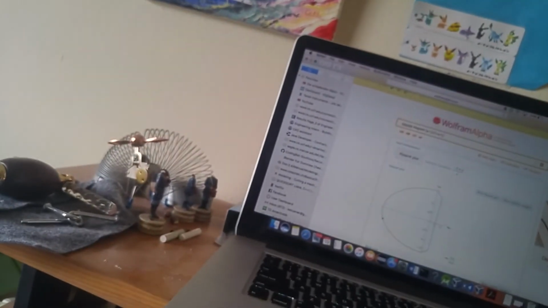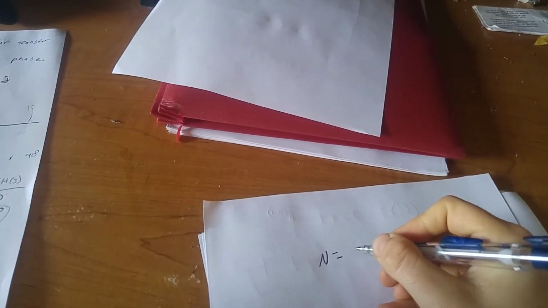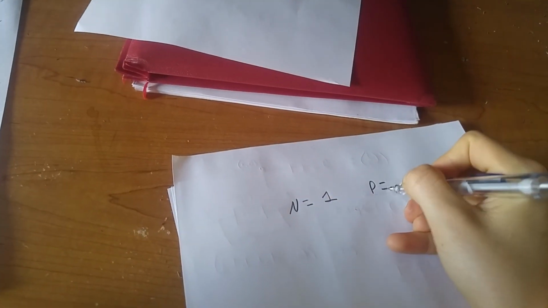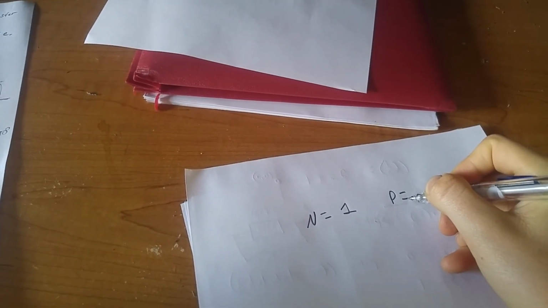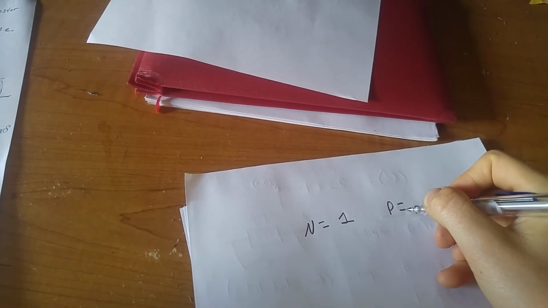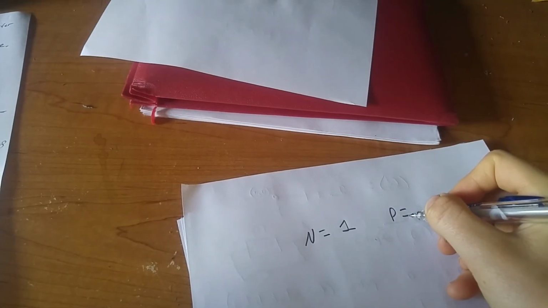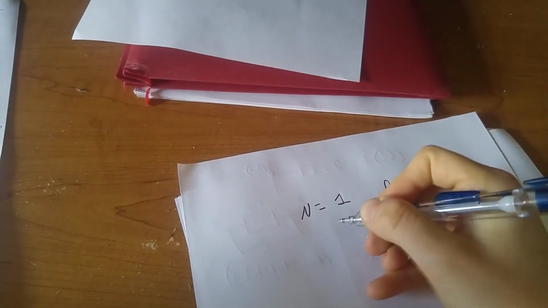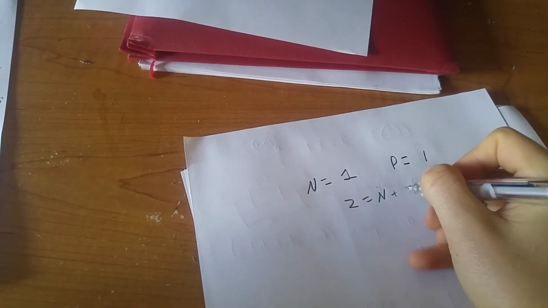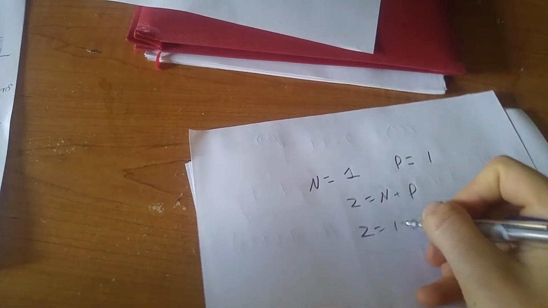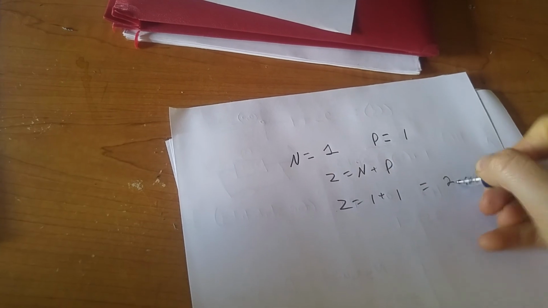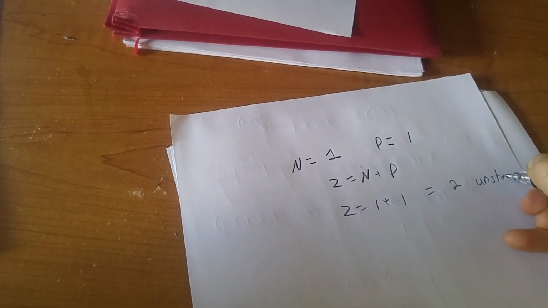So for n, we said we had 1 clockwise encirclement, and p we said we have one pole in the right half plane. Z equals n plus p. Z equals 1 plus 1, which is 2, which means the system is unstable.